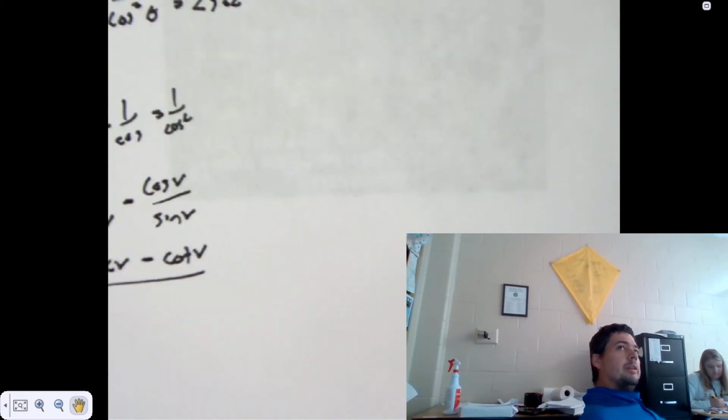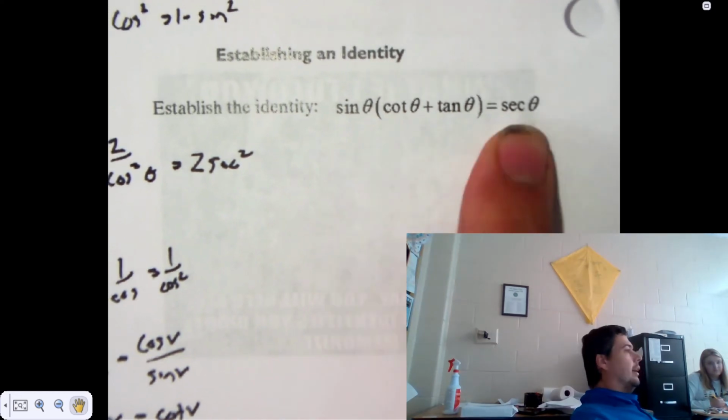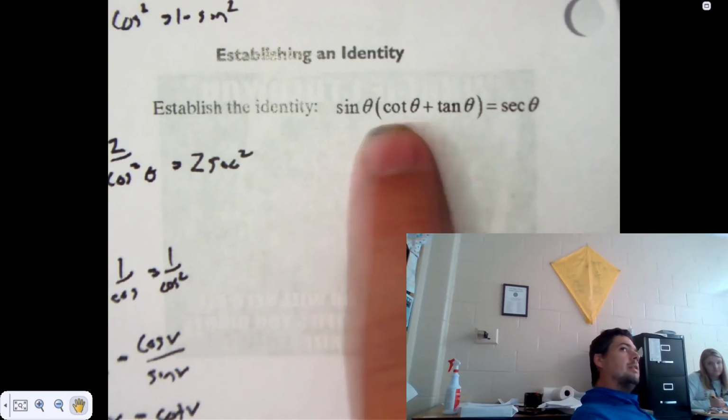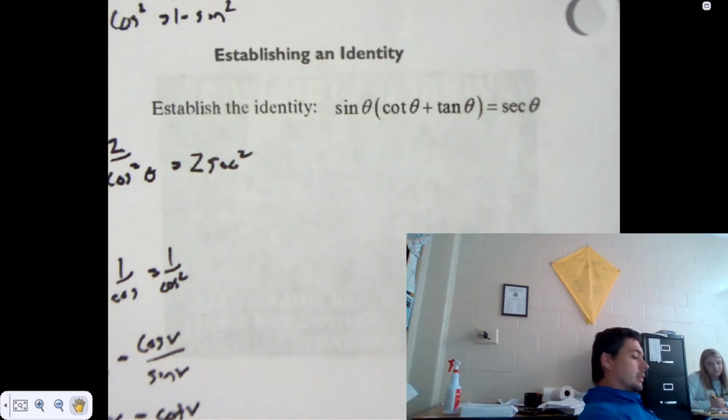Let's see. Oh, here's one of these. Make this look like that. Okay? Left hand equals right hand. That's all. I always start with the more complex looking side as opposed to the easy looking side. There's 6 of you in here. Surely you can come up with some techniques. Tell me what you want to do.